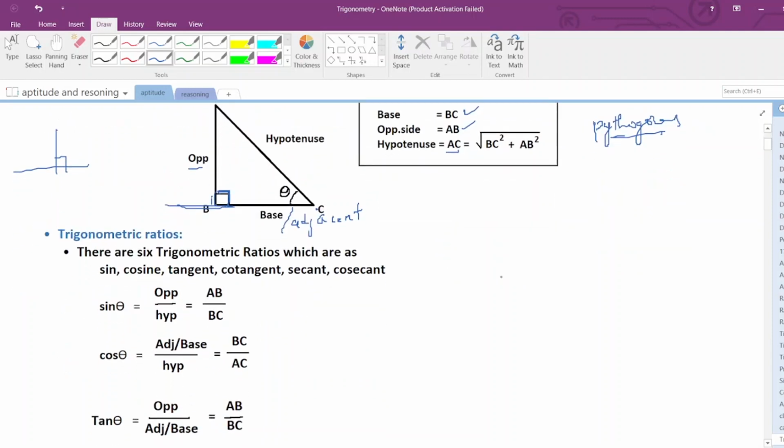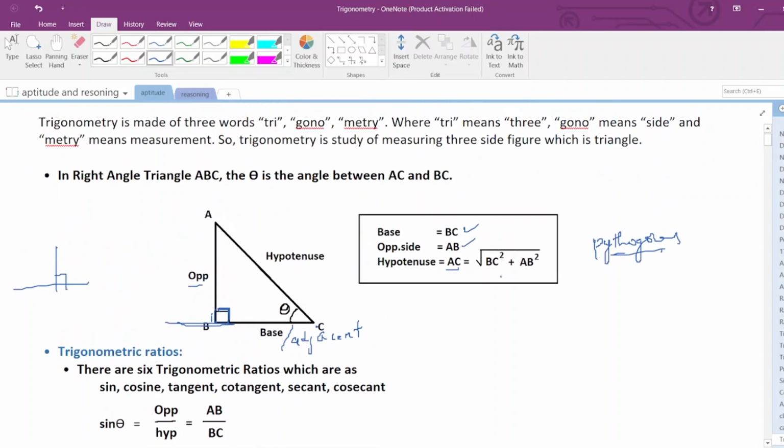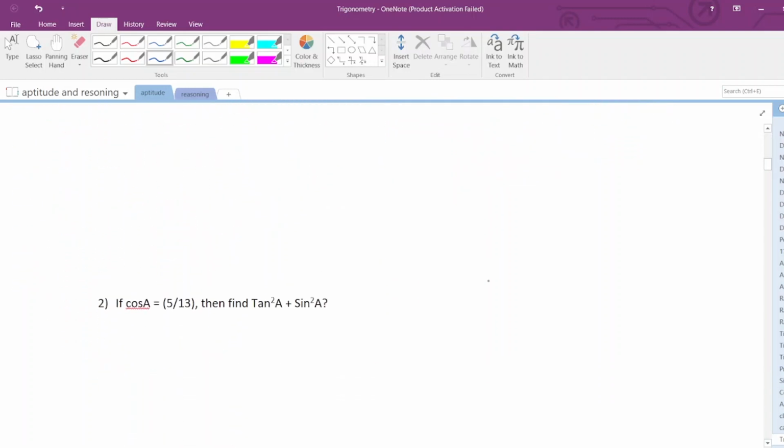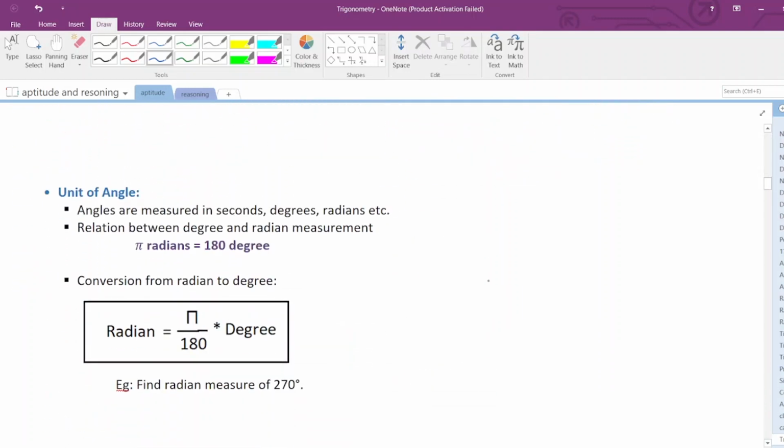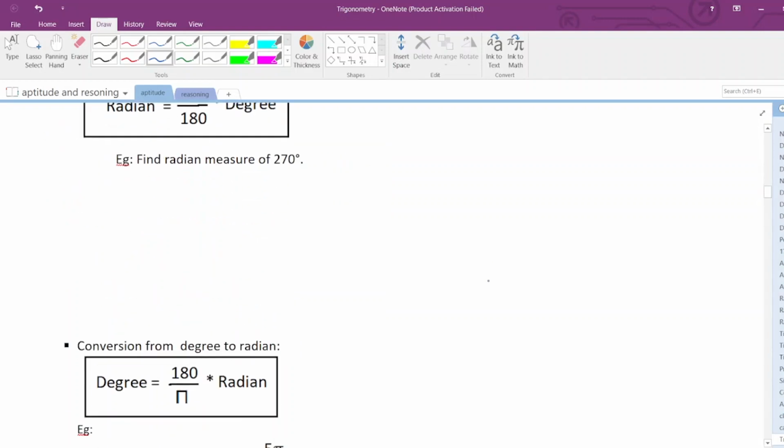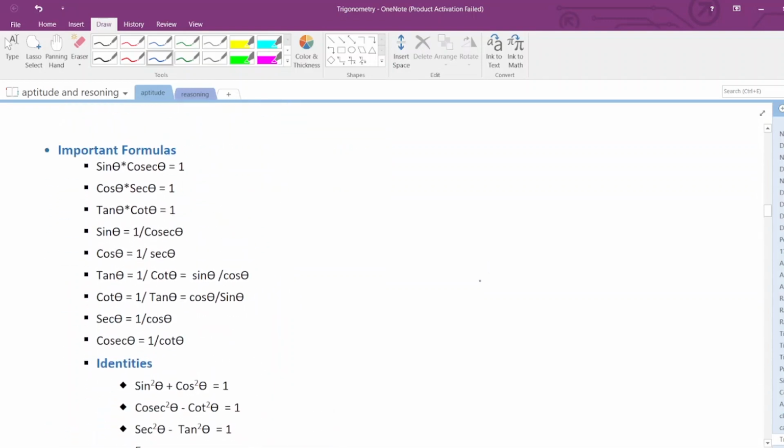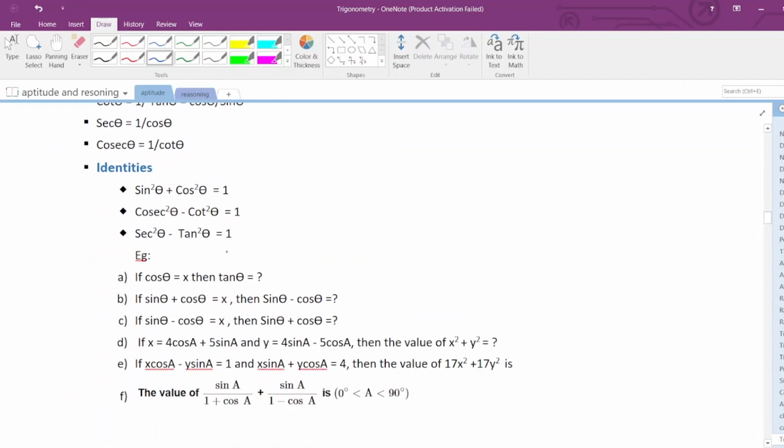Now I am moving to the trigonometry ratios. See here, in trigonometry there is no specific way to ask questions, okay? They can ask based on trigonometry ratios. They can ask based on conversion of units. They will give radians and we have to convert to degrees. They can give questions on basic identities.